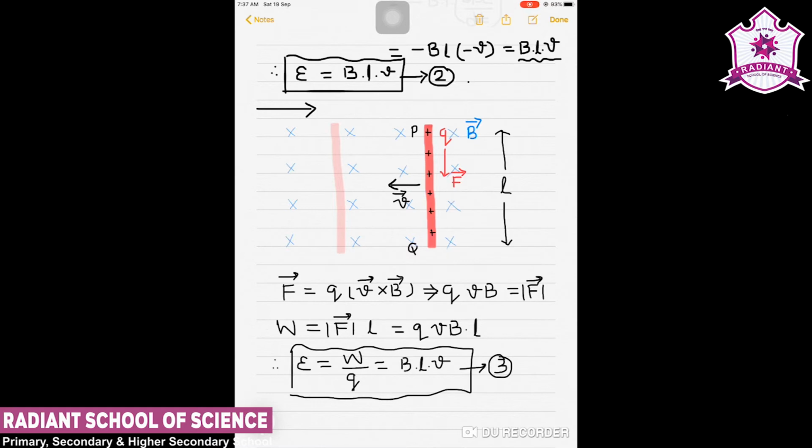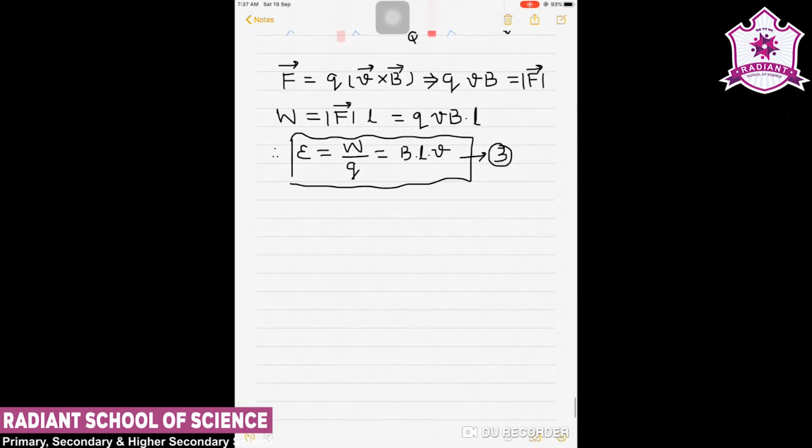In the case of a stationary conductor, the force on the charge is given by the combination of Lorentz force plus electric field, that is F equals Q into (V cross B plus electric field E).